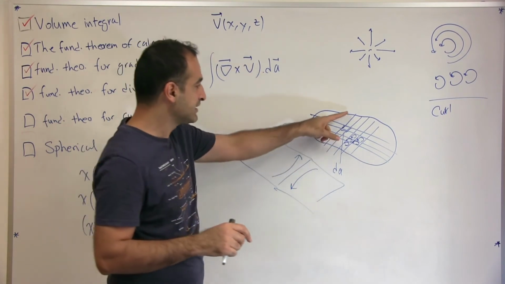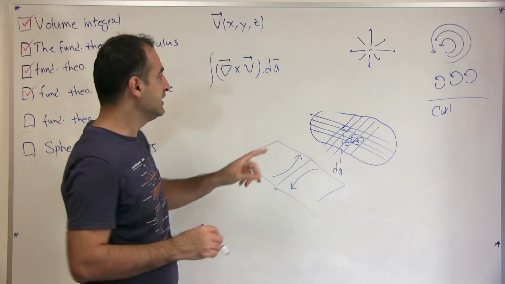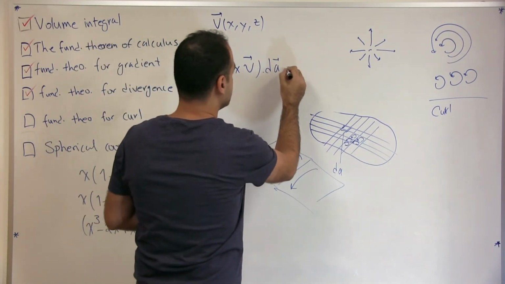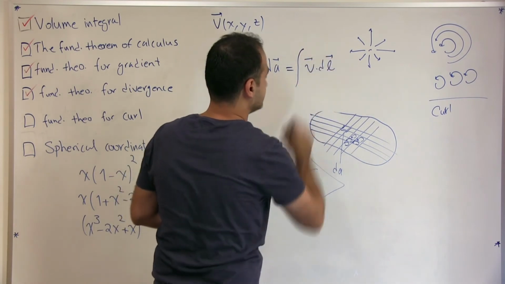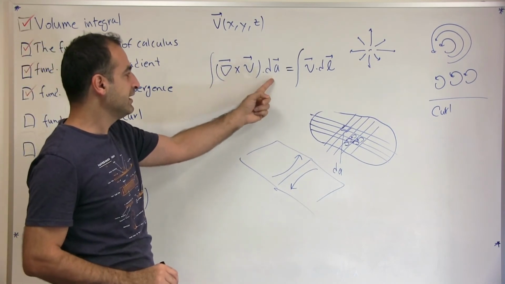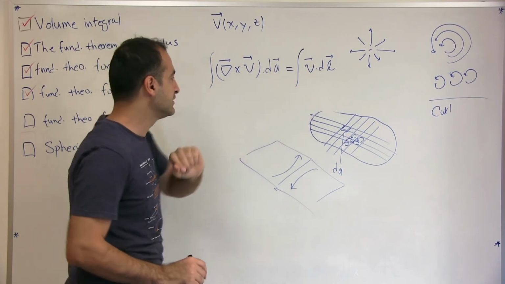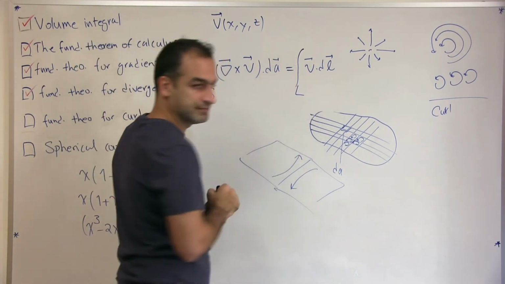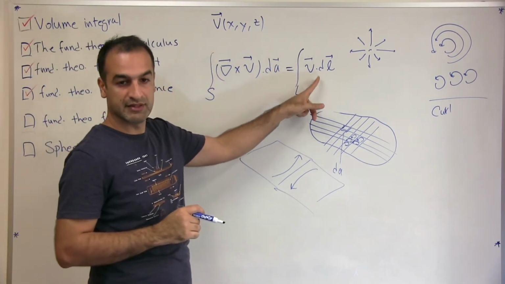They cancel except right at the boundary where the patch is ending. So this integral over the area is going to be equal to the integral of v dot dl. Here we have the curl, here we have the area, and here we have the value of the function over the boundary. This is on the surface and this is on the loop. This is a two-dimensional surface integral, and this is a one-dimensional line integral.